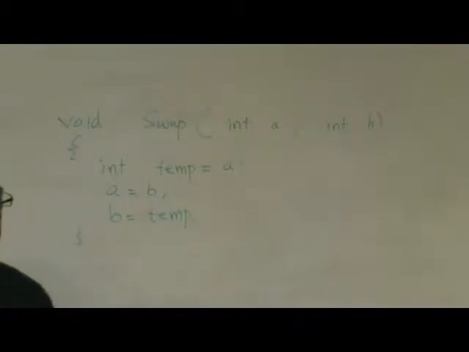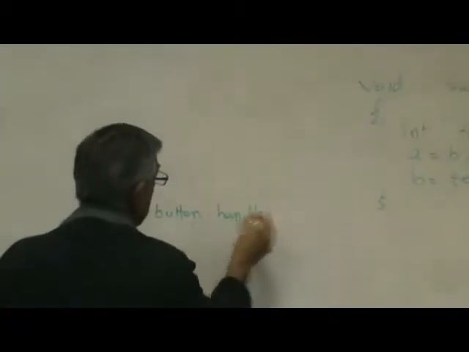Suppose you wrote this function in some class. Now your test code, the code that will try to call it, might look like this in some kind of button handler.